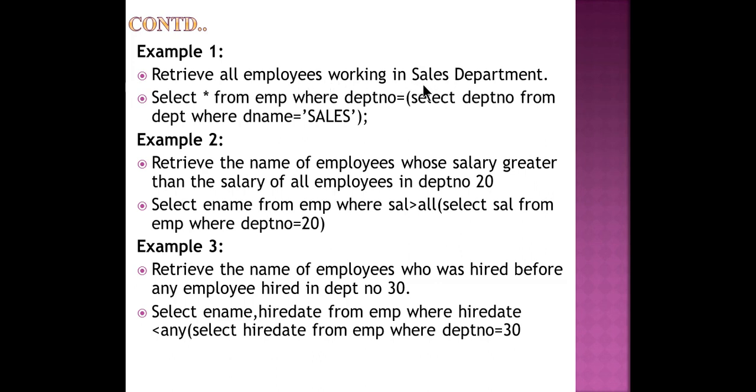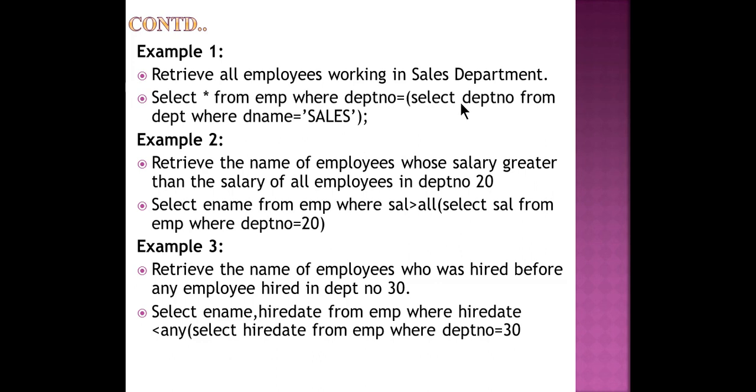Sales is the name of the department which is there in the department table. Employee details are there in the employee table. So you need the data from two different tables. This can be solved using subqueries, or you can solve it using the join operation. Because we are using the subquery concept, we can write a SQL statement using subqueries.